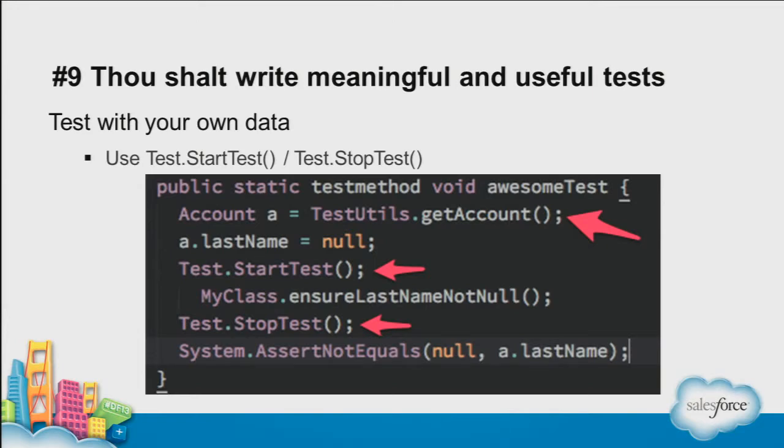The idea here is create your own data, run with your own data. So create a set of data, put that set of data in your test utils method, and be able to call on that to not only get an account for your testing, but an account without a last name, or to be able to quickly just nullify the last name in order to write your test.